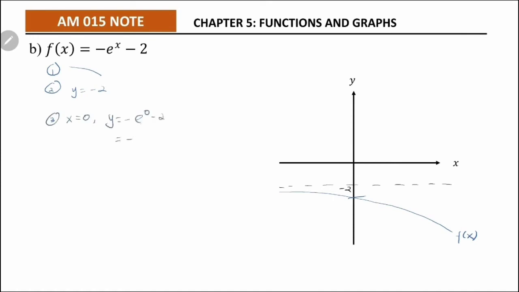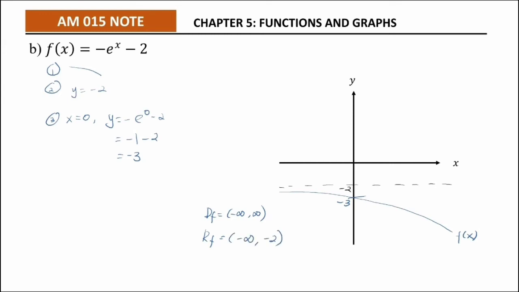So negative e^0 is -1, minus 2 equals -3. So the y-intercept is at -3. The domain for f(x) is negative infinity to infinity, and the range of f goes from the lowest point, negative infinity, up to the asymptote -2.